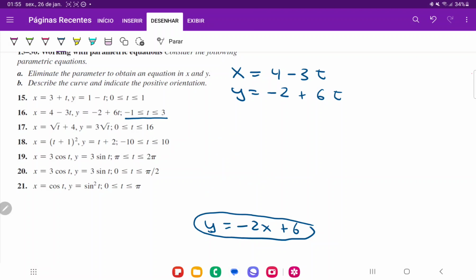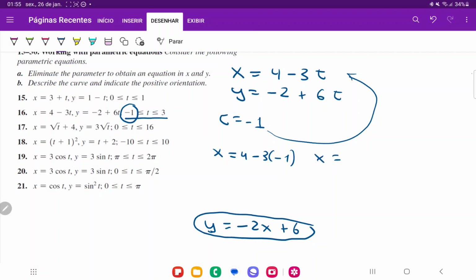But now, if t is equal to minus 1, which is the starting point here, let's see what that would be in terms of x and y. So I'm going to plug minus 1 into the x equation. So x would be 4 minus 3 times minus 1, which therefore means that x would be equal to 4 plus 3, so 7.